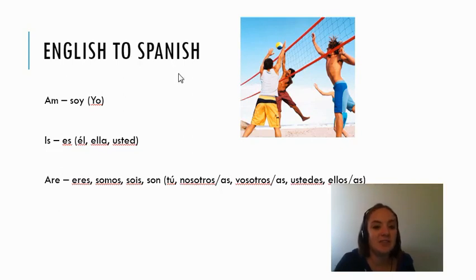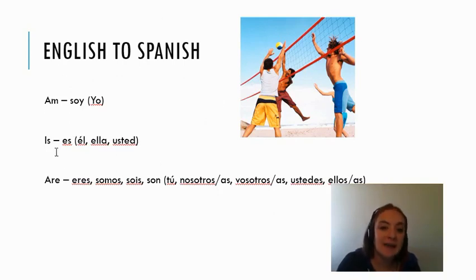Just like English, there's only one way to say I am. In Spanish, there's only one way to translate that. It's yo soy. The next word, remember, is es. And we said that with él and ella, it's is. But with usted, it meant are. Usted es means you are formal.